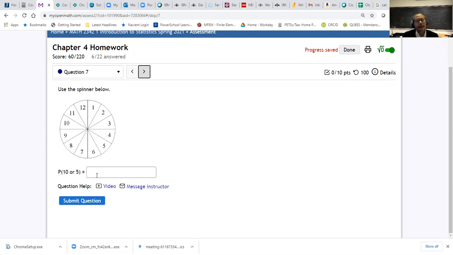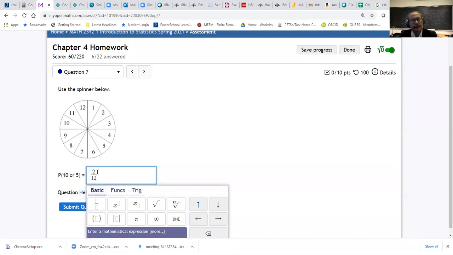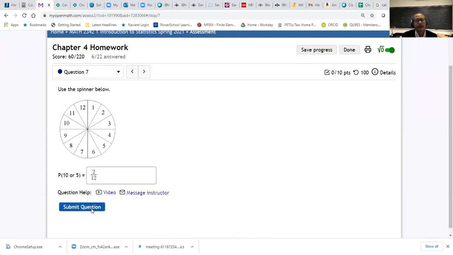If you add 1 over 12 with 1 over 12, you get 2 over 12. Okay, next. Any questions? You should use addition, because what happened on the wheel is mutually exclusive. The numbers cannot appear at the same time, right?